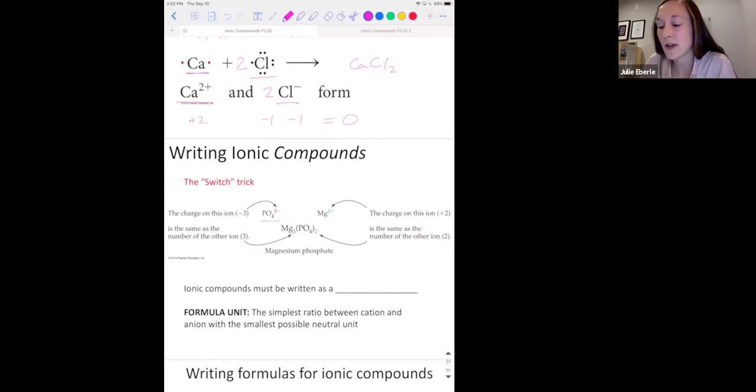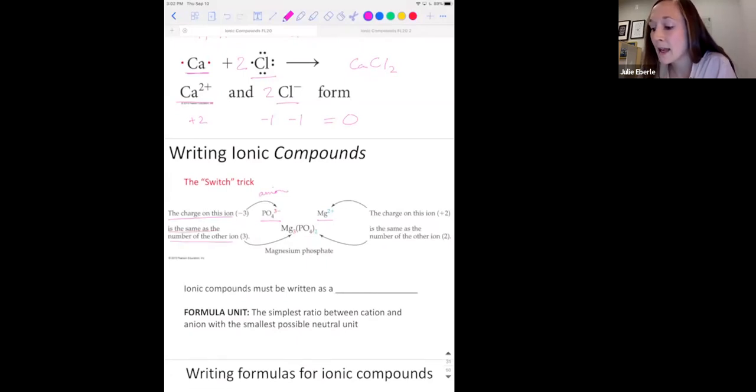We have phosphate PO4 with a -3 charge. If you know your polyatomics, you know this one. And we have magnesium, which is a main group 2, so it forms a cation with a +2 charge. The charge on this ion, the anion, is the same as the number of the other ion.